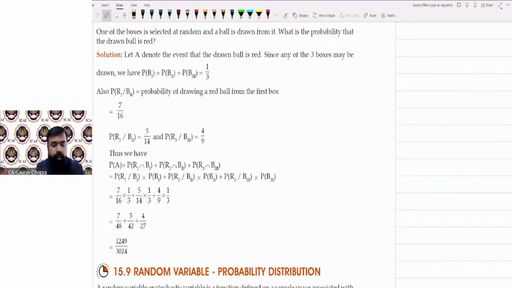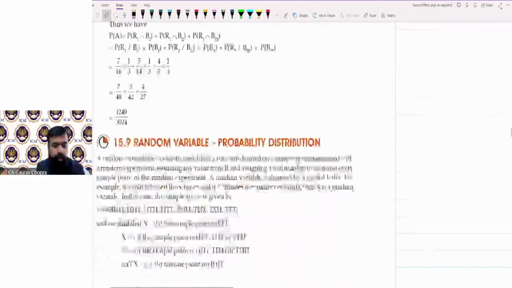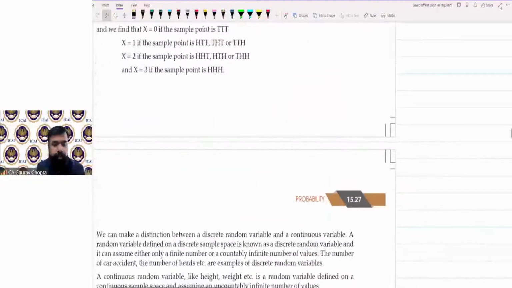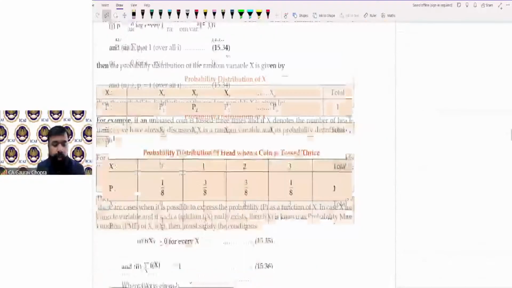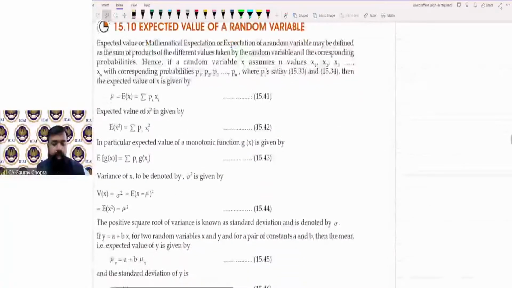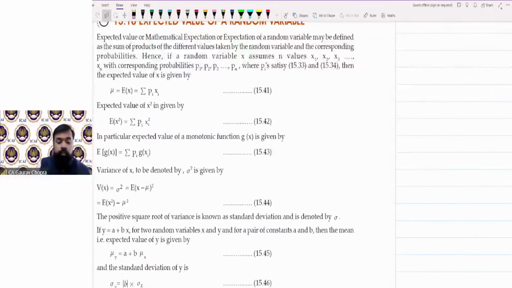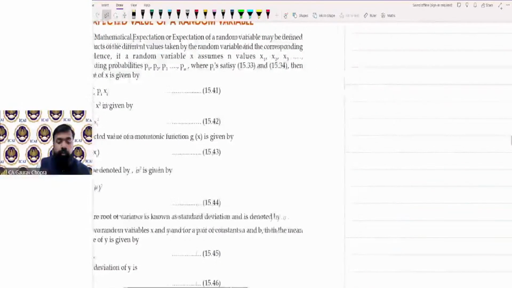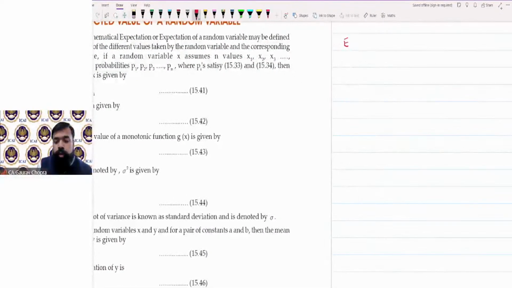Then the ball question we have already covered. Now let us take the next portion. This is expected value. Now there is one formula for expected value.